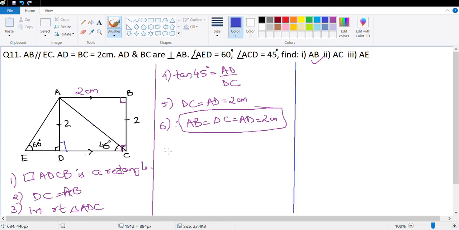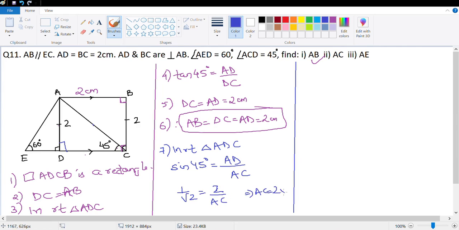Yes, so point number 7, in a right triangle ABC, sine 45 degree is equal to perpendicular, in this case AD, upon hypotenuse, in this case AC. Sine 45 degree is 1 upon root 2, equal to AD, which is 2, upon AC, which means AC is equal to 2 root 2 centimeter. So we've got the value of AC as well.